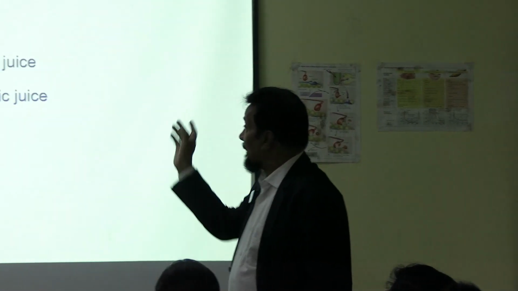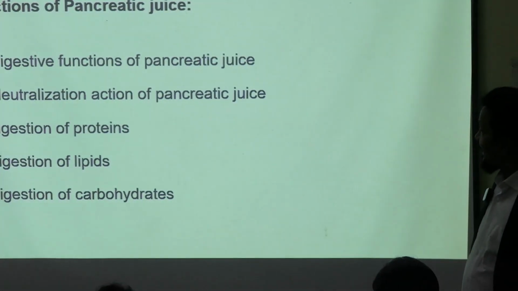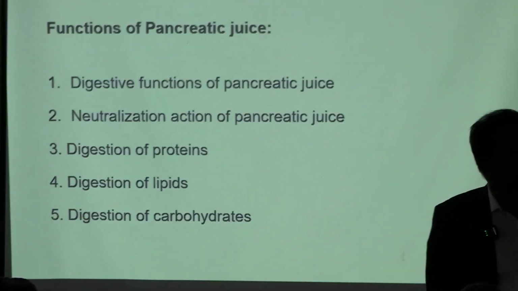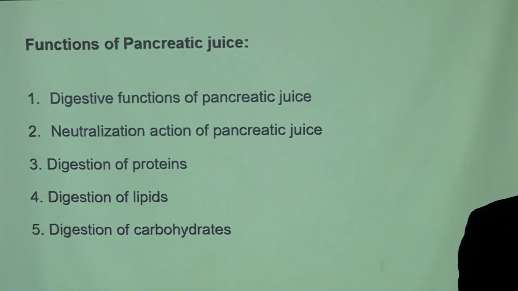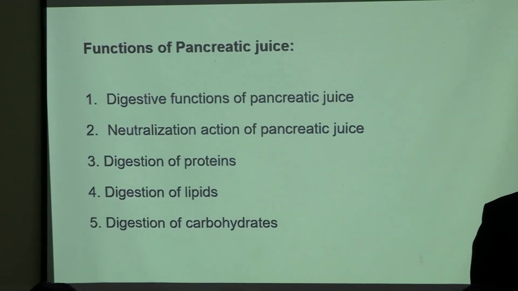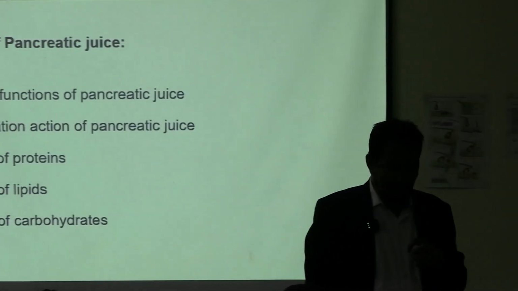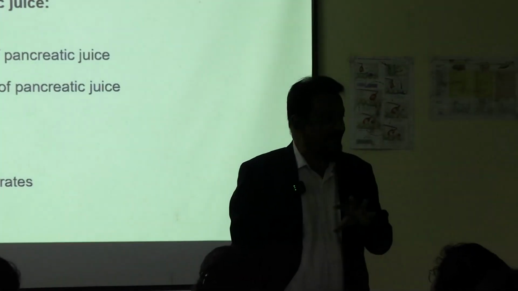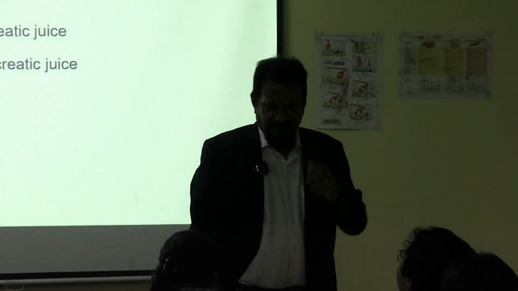Okay. So anyway, let's come into this. Digestive function of pancreatic juice. This contains proteolytic enzymes. So we are eating food containing proteins. That protein has to be digested into amino acids.